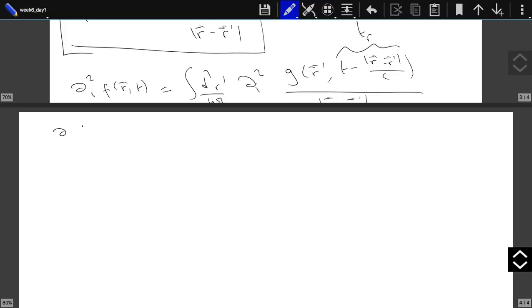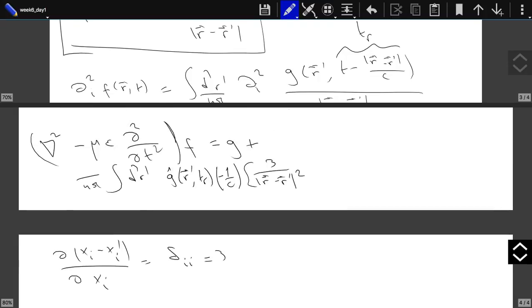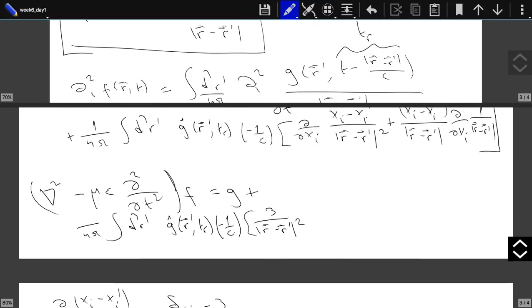Why 3? This is nothing but Kronecker delta ii. But keep in mind, I'm summing over i. So as I'm summing over i, Kronecker delta ii is 1. There are 3 possible values of i, so this is equal to 3. That's why I have that 3 over there.